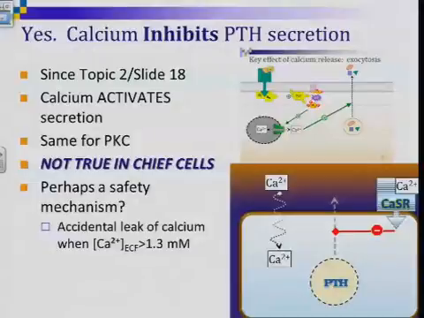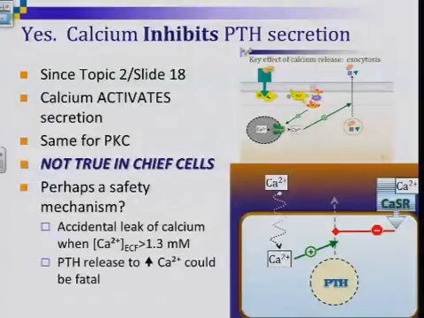And that's potentially fatal. So release under high calcium concentration pretty much has to be prevented at all costs. And so it makes sense that a system has evolved that actually causes calcium to inhibit parathyroid hormone release.